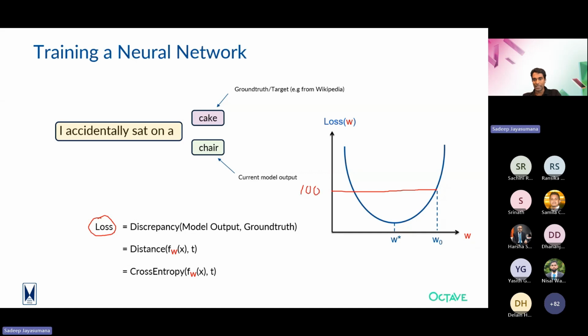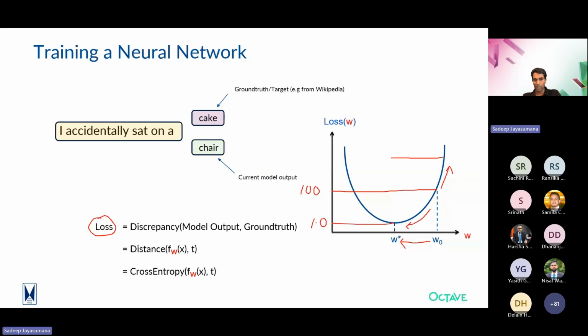But now you want to optimize it. You want to come to this minimum. That's the minimum you can get for the loss. Let's say this is like 1. So starting from W0, you want to move towards this optimal W. But you don't want to move this way, because then you are increasing the loss.